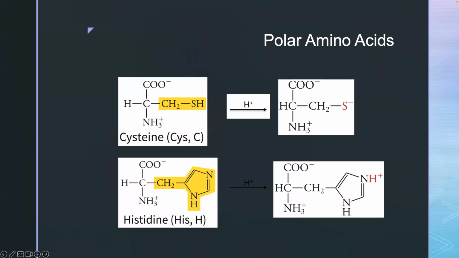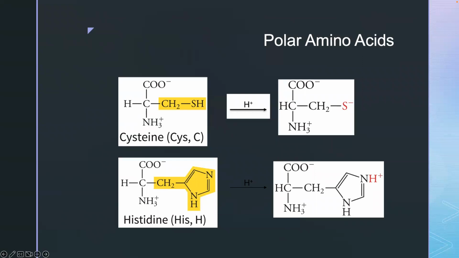These are amino acids with polar R groups, and under certain conditions and in the presence of nearby groups, they can actually ionize and become charged. So cysteine is CYS or C. This can participate in disulfide bonds, or covalent bonds, and those will only happen between two cysteine molecules.